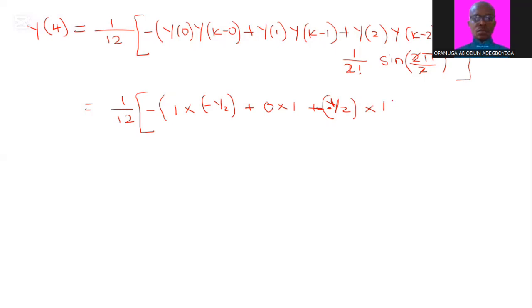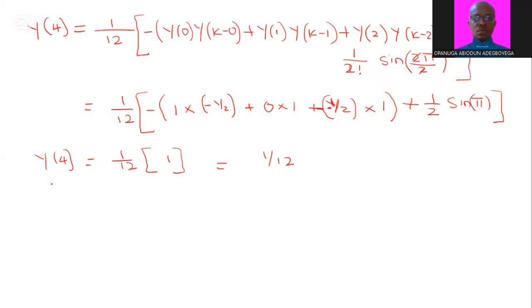From the initial condition, that is 1. So that's that, plus 1 over 2 factorial is 2 times sine 2 pi over 2, which is sine pi. Sine pi is 0. So with that one, we have 1 over 12 into, when we simplify everything that we have in the bracket, we are going to have 1 inside the bracket, and that will give us 1 over 12. So for y of 4, it is equal to 1 over 12.